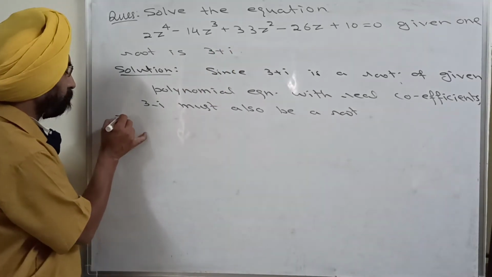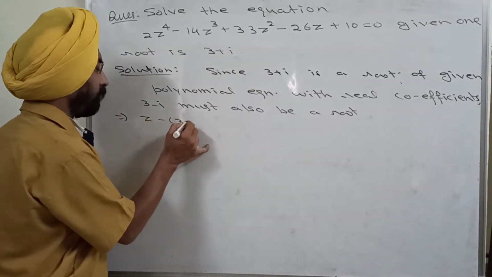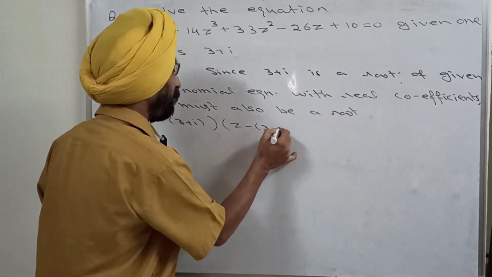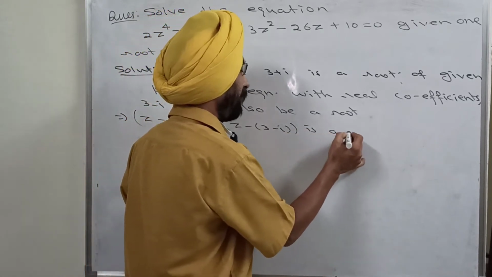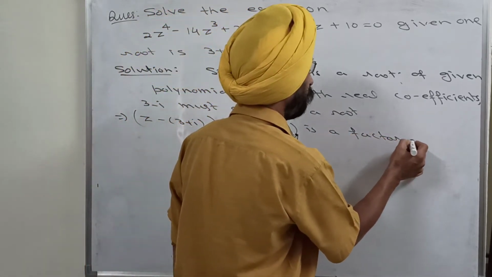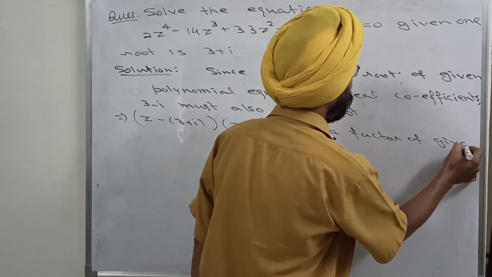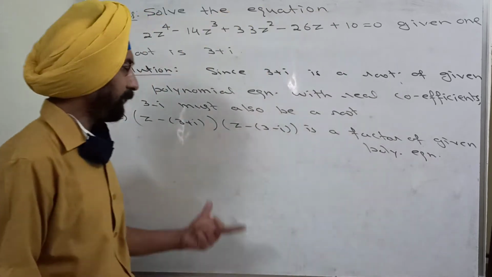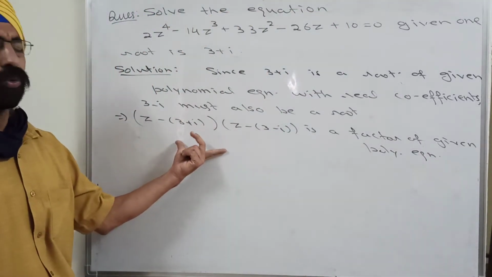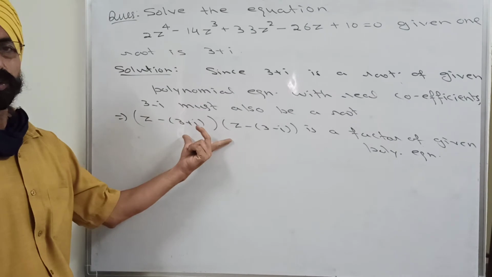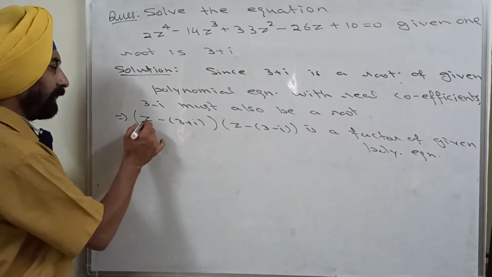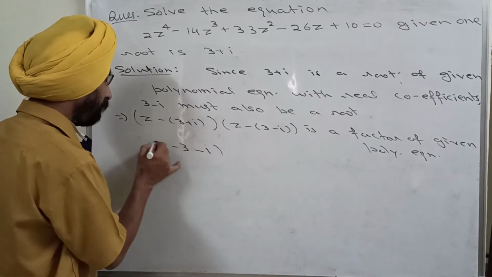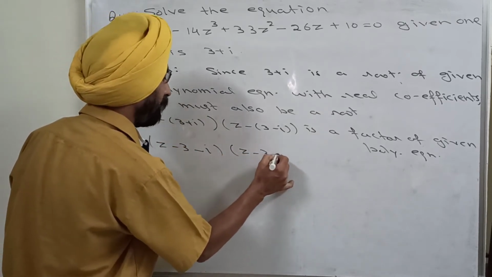So this means (z minus 3 plus iota) into (z minus 3 minus iota) is a factor of the given polynomial equation. Now we are just going to multiply these two to find the exact factor. You can write it as (z minus 3 minus iota) into (z minus 3 plus iota).